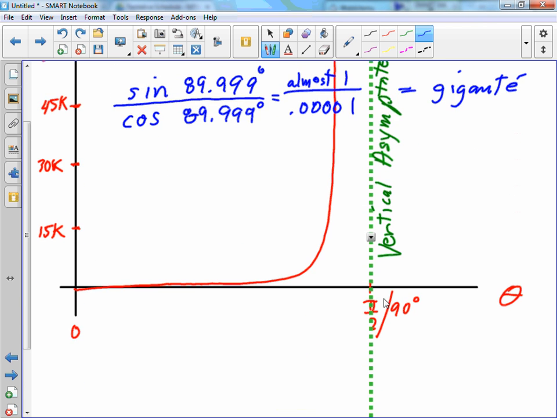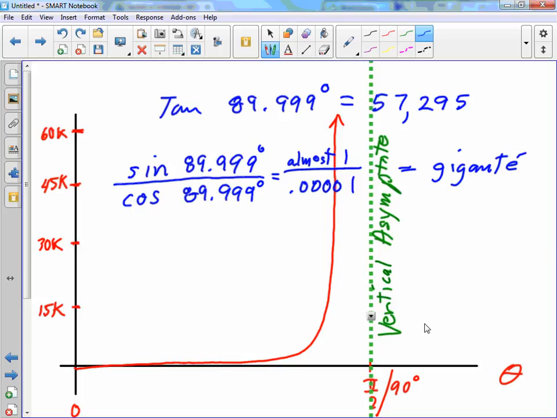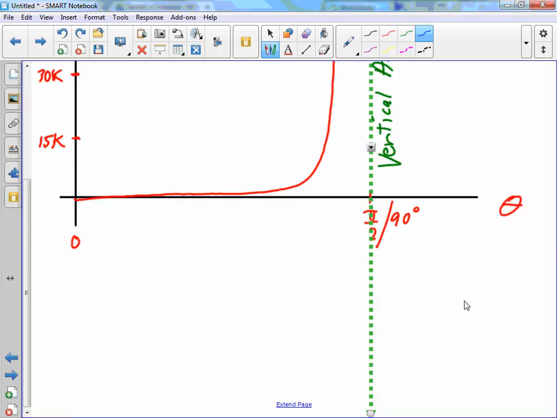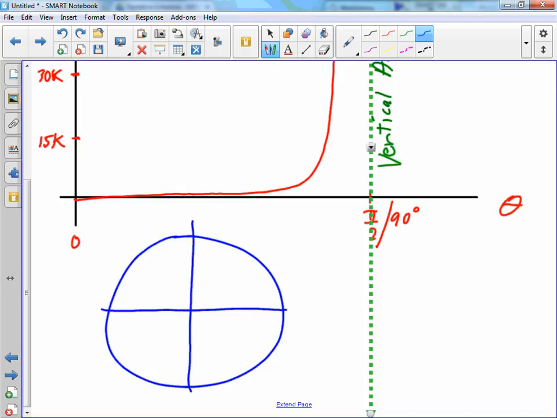Well, think about it. You're going to be into quadrant 2 on your unit circle. So we have this and this. Again, we have almost 1 for our sine, our vertical component.